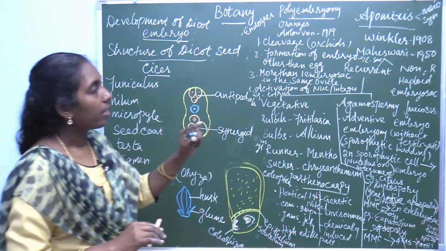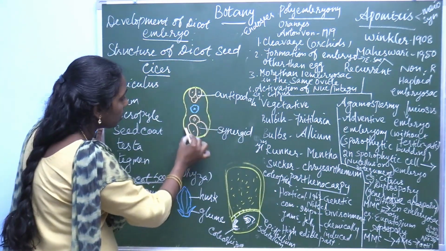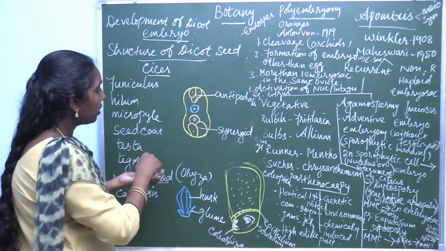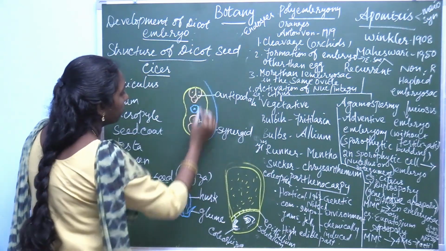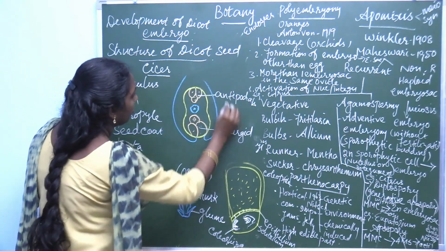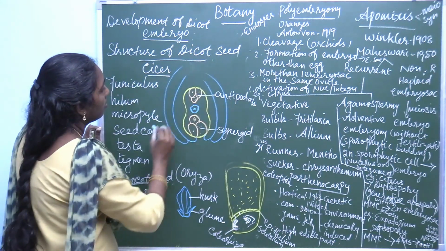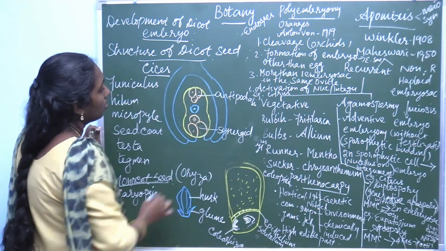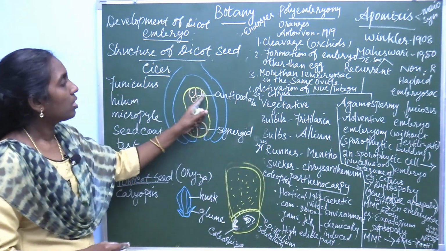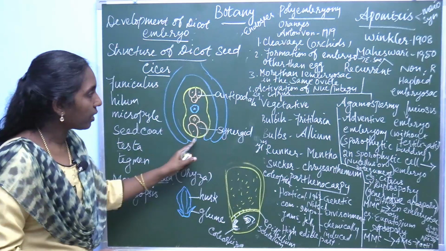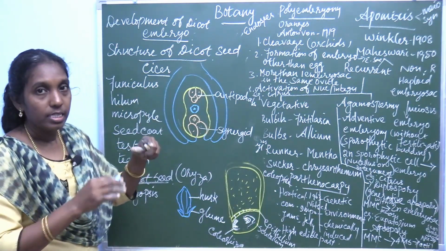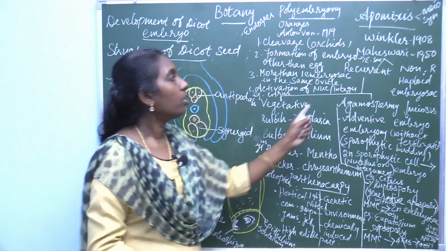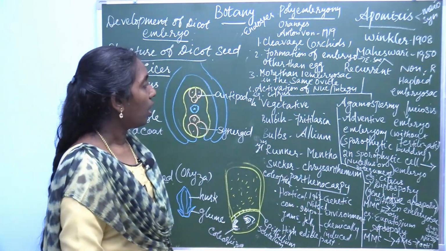So in the non-recurrent type, this haploid embryo sac is formed, and on the outer side you find the integuments. This haploid embryo sac develops by meiosis, reduction division takes place, but syngamy is absent. That is called the non-recurrent type of apomixis.